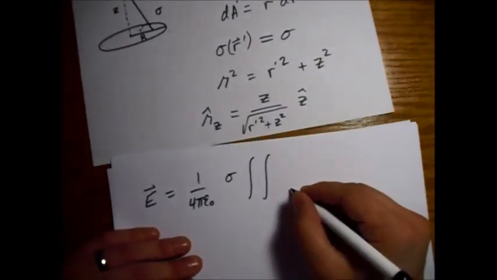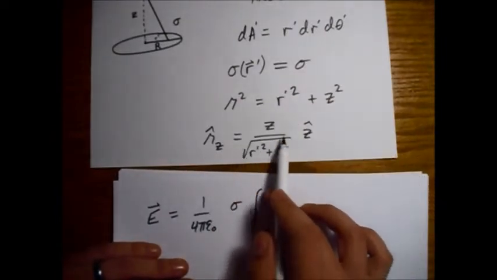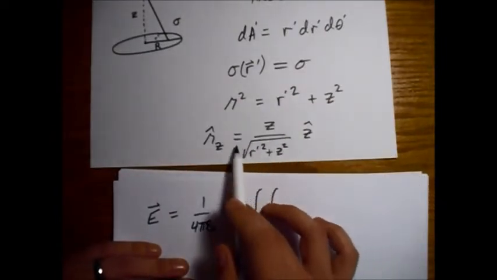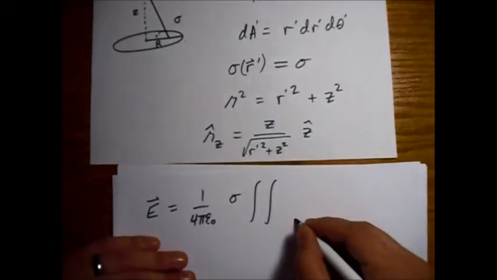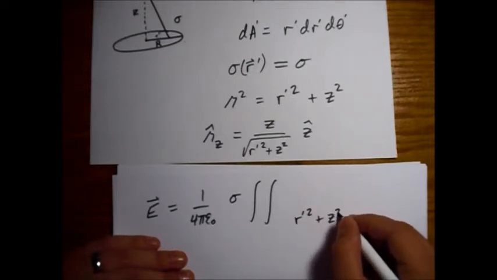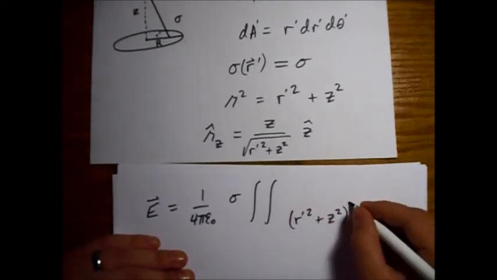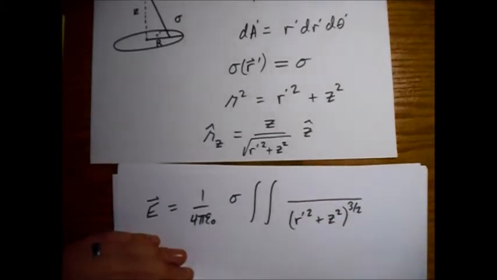So downstairs, we'll have this piece, and then the downstairs piece from our z hat component vector. So we get an r prime squared plus z squared, and this is to the 3/2 power, which we've come to know and love dearly at this point.